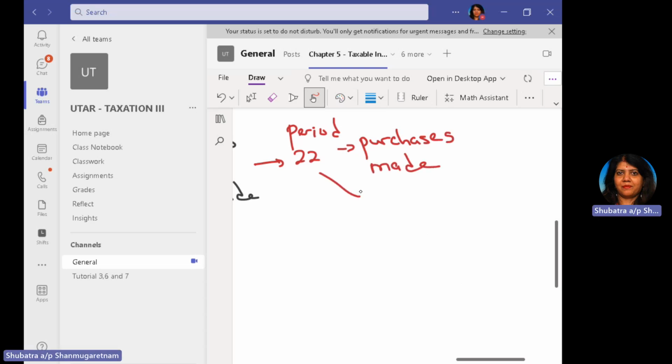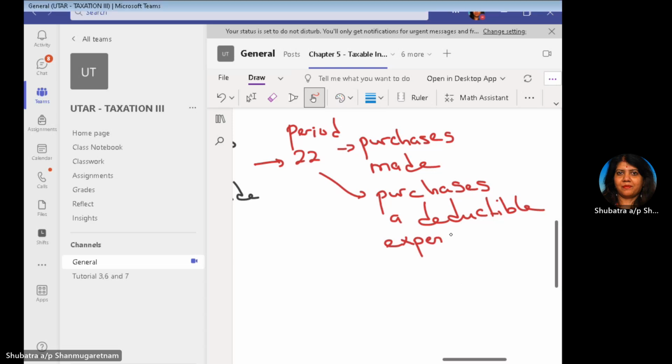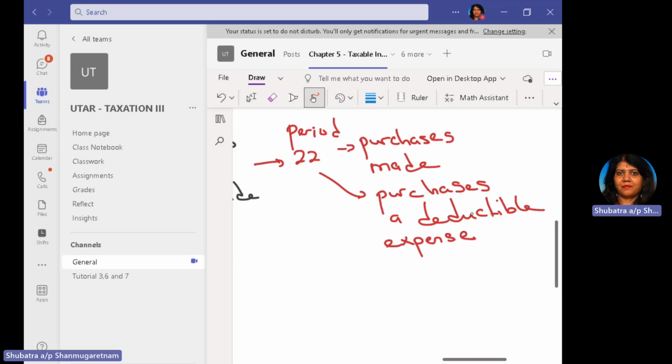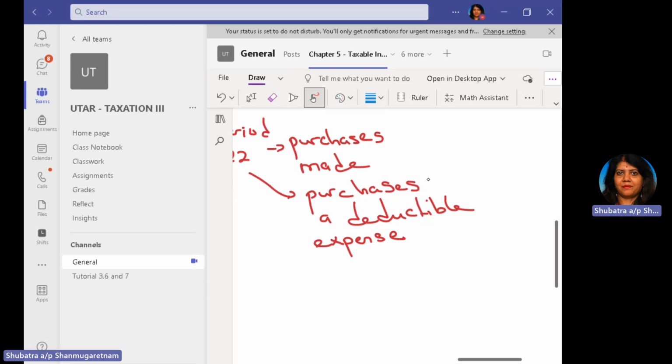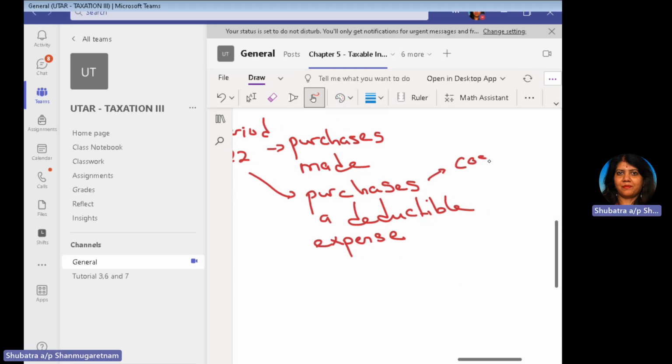So in 2022, purchases was a deductible expense. Purchase was a deductible expense, correct? Because it was considered goods sold. These purchases would have been cost of goods sold.